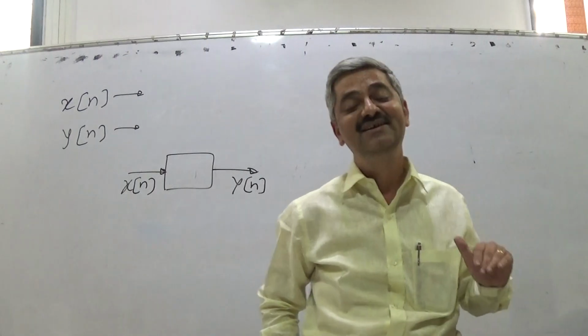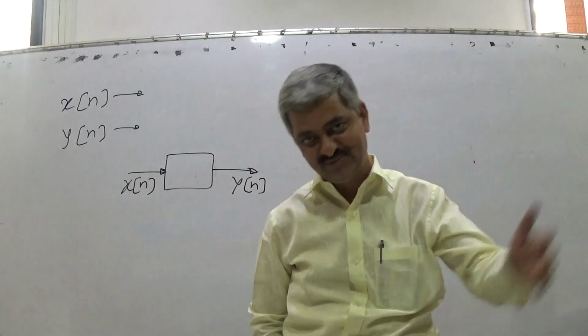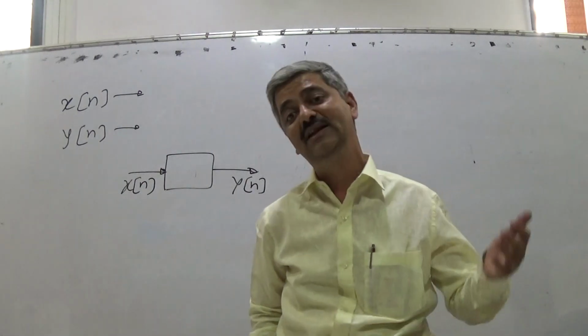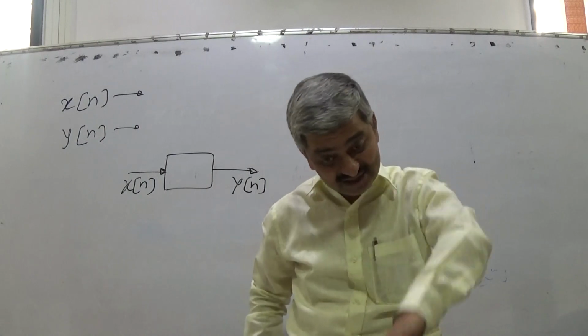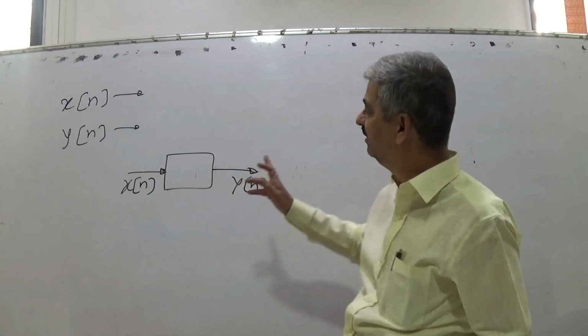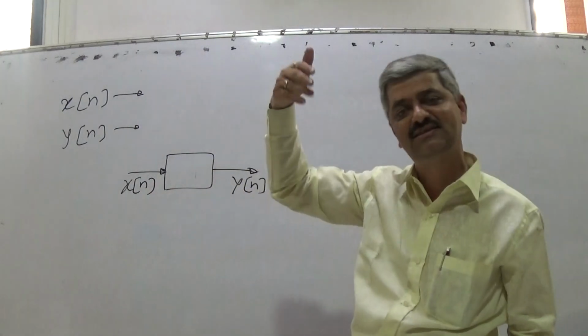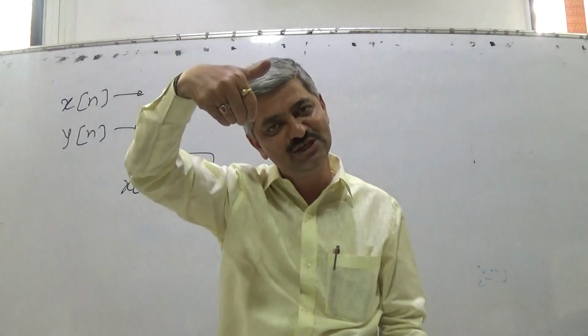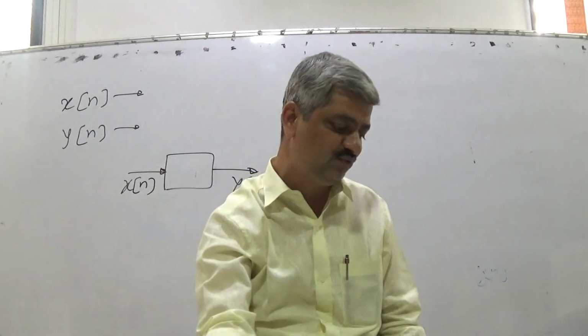When we started, I did not tell you what is linear or what is time invariant; we discussed a normal system. Now I will tell what is linear, but there can be other systems like non-linear. So x[n] is input, y[n] is output, and y[n] is some combination of current and past inputs.